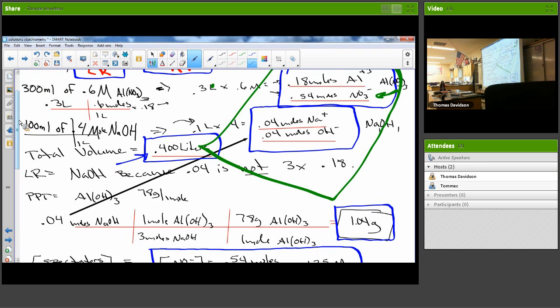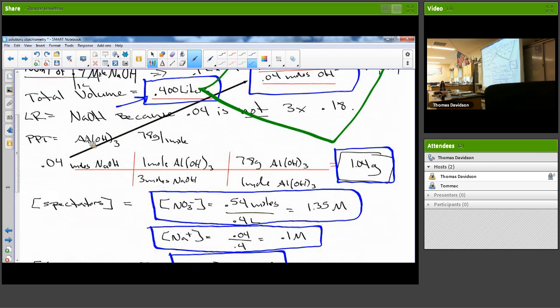All right, so then you already indicated that you knew the precipitate was Al(OH)3, right? All right, this number, where did I get that from? By adding up all the parts, right?